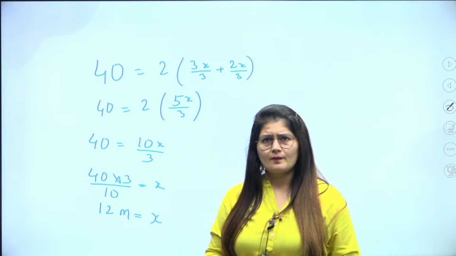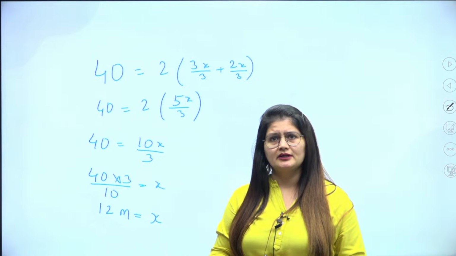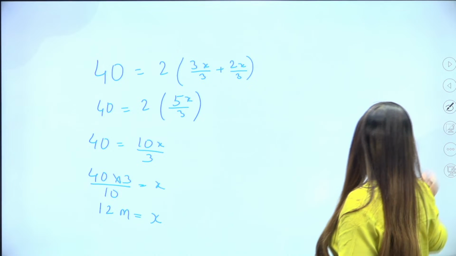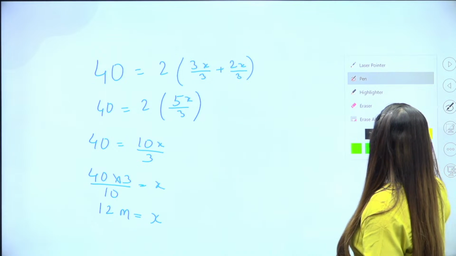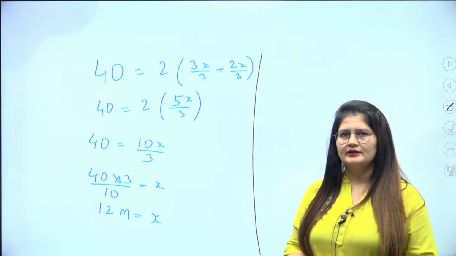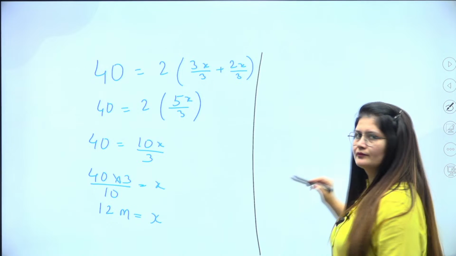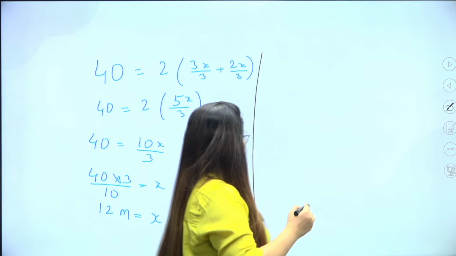Yes. Now if this is the length, what is going to be the breadth here? In the question it was given that the breadth is 2/3 of the length. So let's see what the breadth is.